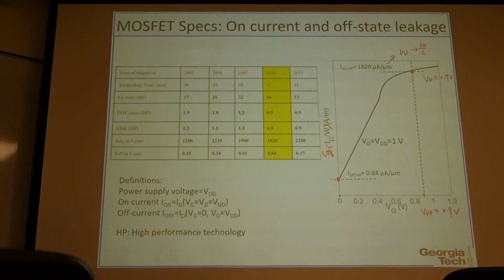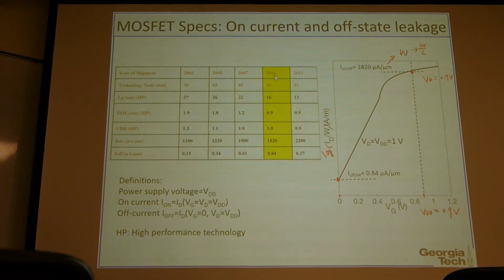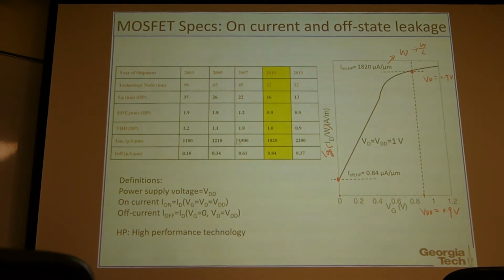So this table shows the technology trend for different technology nodes introduced in different years. The L of the transistor is different, and the power supply VDD will also decrease. The on-state and off-state current density is given here.